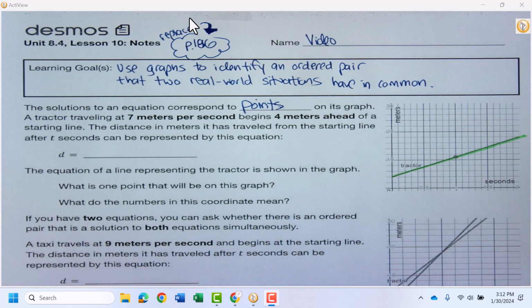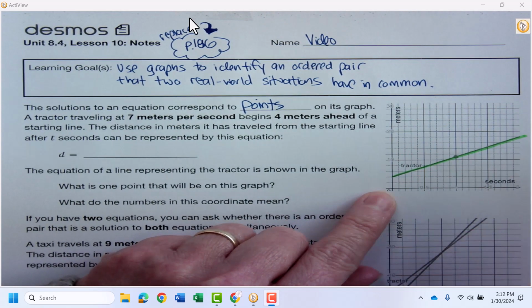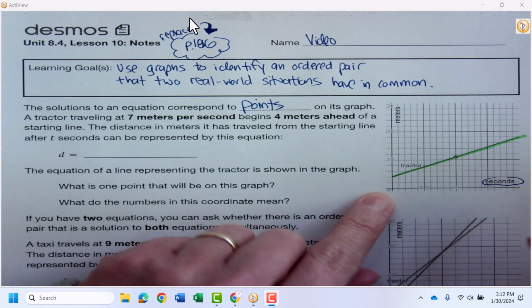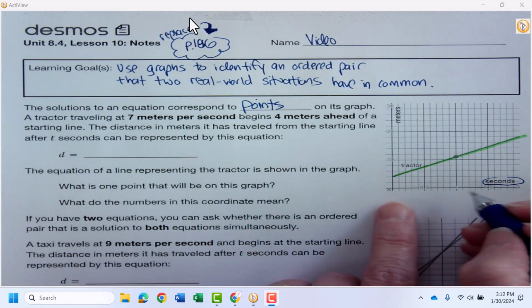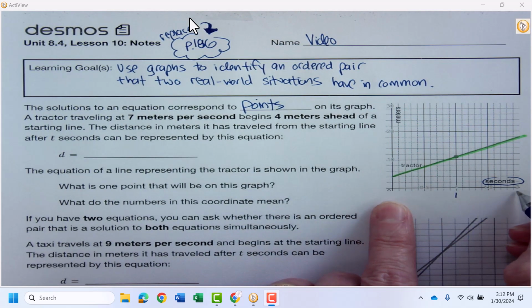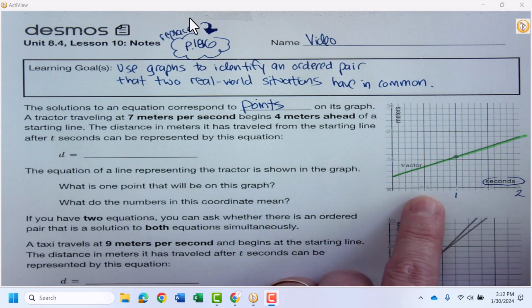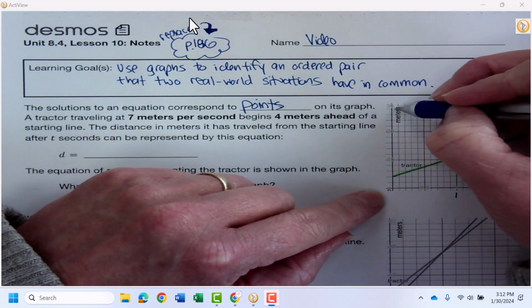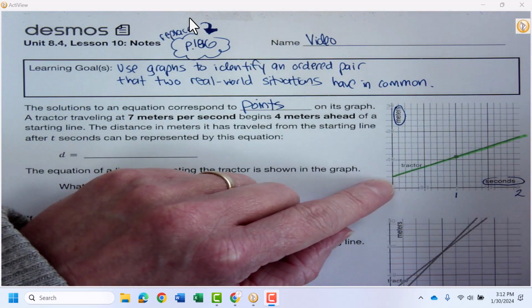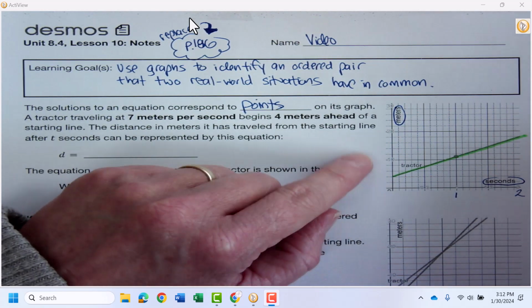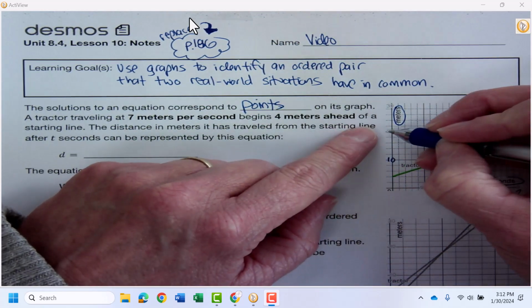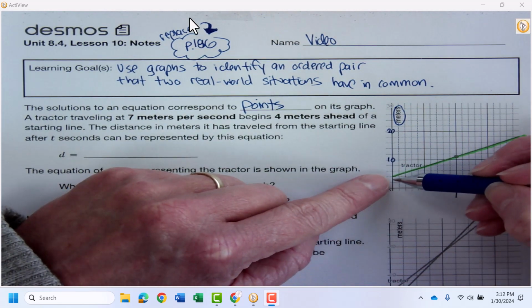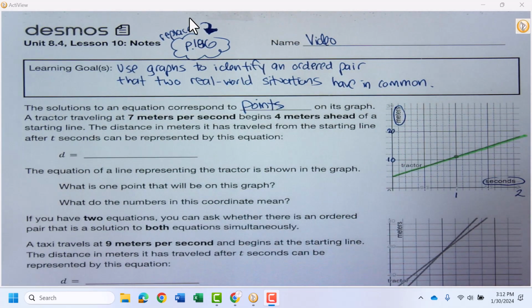So let's take a close look at what we see here. The x-axis represents seconds. This is 1 second, this is 2 seconds, half a second, 1.5 seconds. And on the y-axis, it's measuring how many meters the tractor has gone. And here, this is 10 meters, 20 meters. So these individual lines are really going up by 2s, just so we can read this graph a little bit.